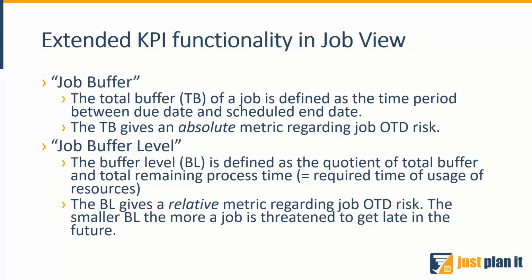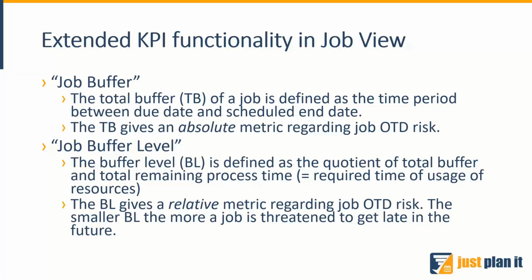And in that regard, I would quickly give you a refresher about KPIs that we provide, and in particular, two KPIs that I think are very helpful when it comes to high mix, low volume scheduling. On one hand side, that is the job buffer or total buffer.